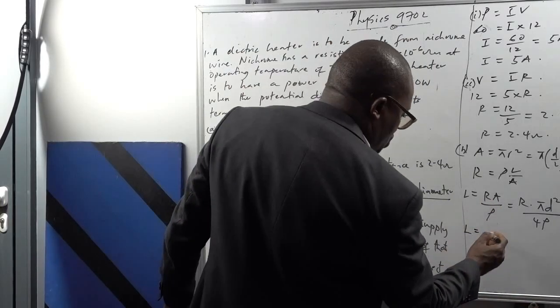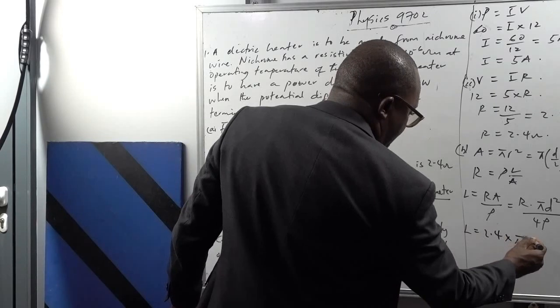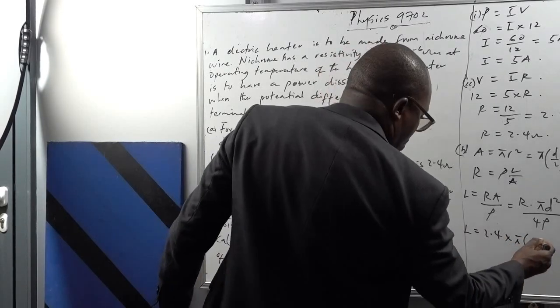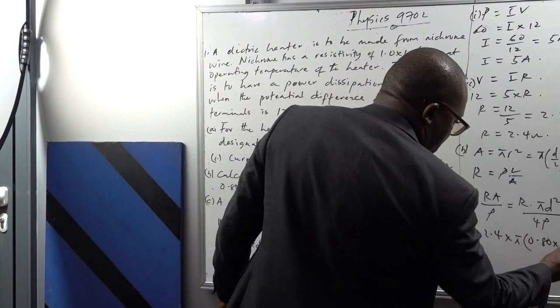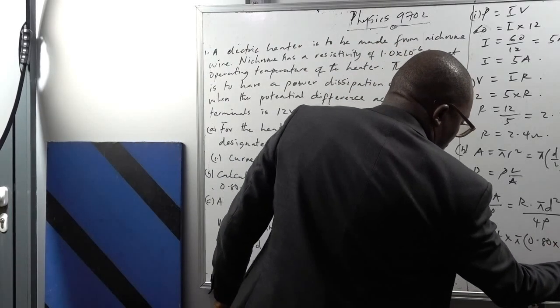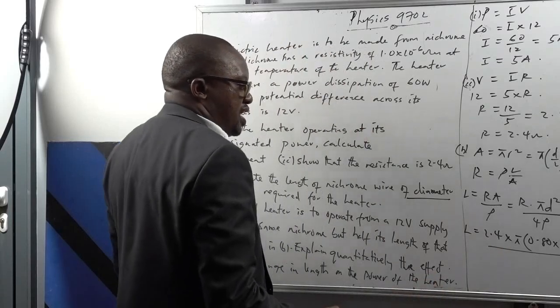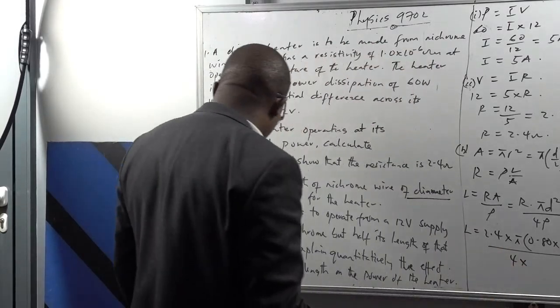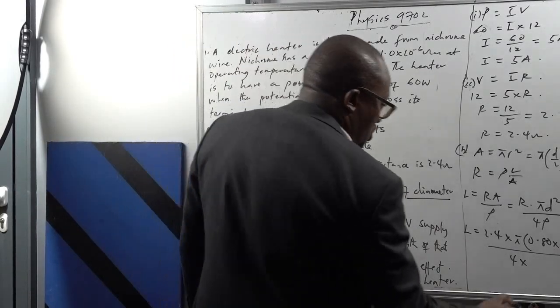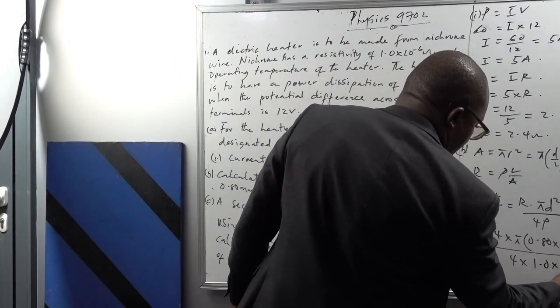So we can substitute now. The resistance is 2.4 times pi. What is D? It is 0.80 millimeters. We convert that to meters by multiplying with 10 raised to power minus 3, all squared, over 4 times rho. What is rho? Rho is 1.0 times 10 raised to power minus 6.